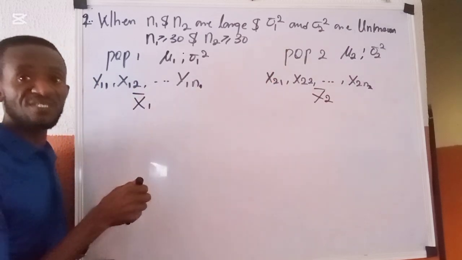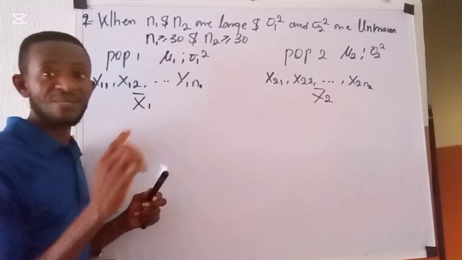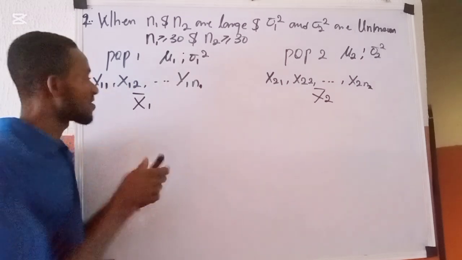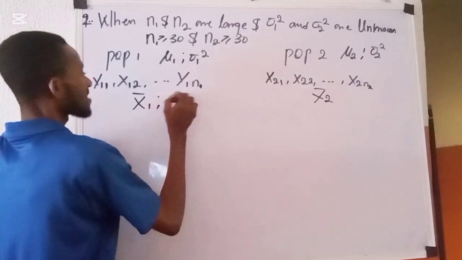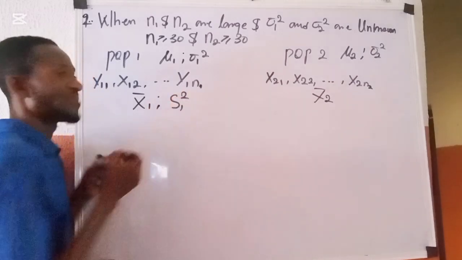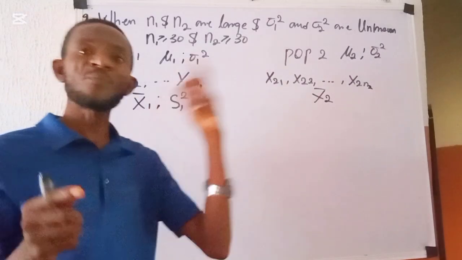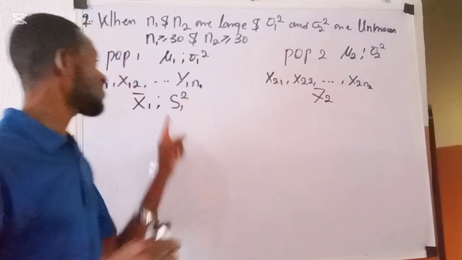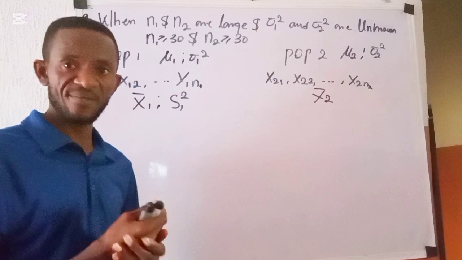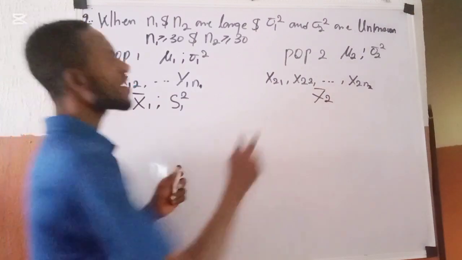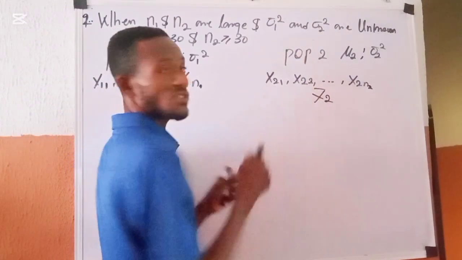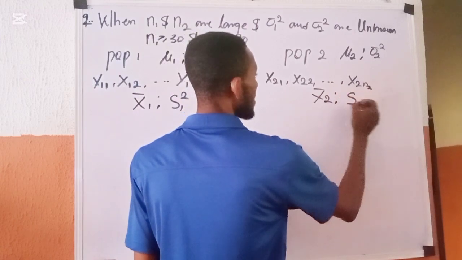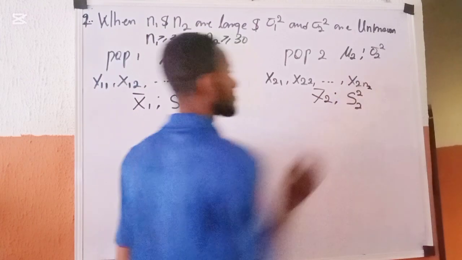And when you estimate it, you are not going to write it as sigma again. You are going to write it with s squared, because the variance for population is written as sigma squared, but the variance for sample is written as s squared. You equally did not estimate it here because it was known that time. So this time around, we are going to estimate it and you have s2 squared.